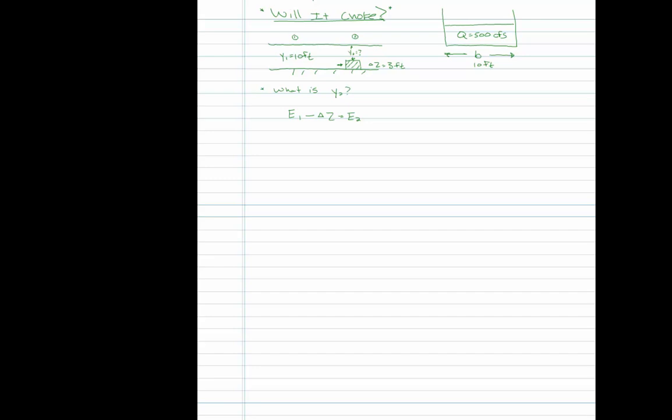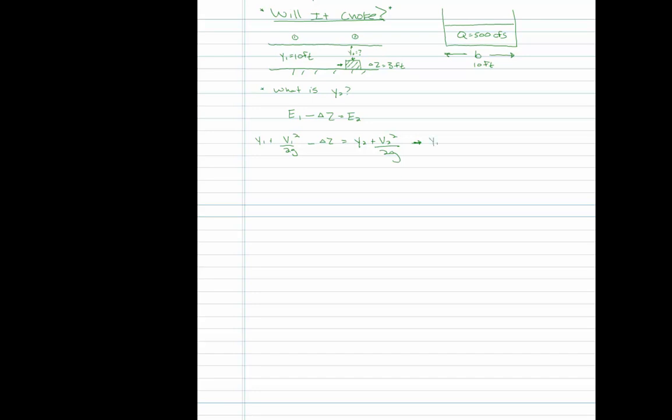Okay, so if we substitute in, y1 plus v1 squared divided by 2g minus delta Z is equal to y2 plus v2 squared divided by 2g. So this is the specific energy equation that we're going to make some substitutions to. Now, of course, when we don't know exactly what the velocity is, we can write the expression in terms of flow rate.